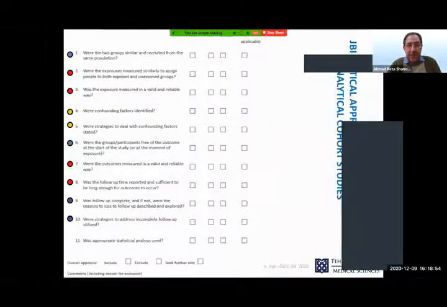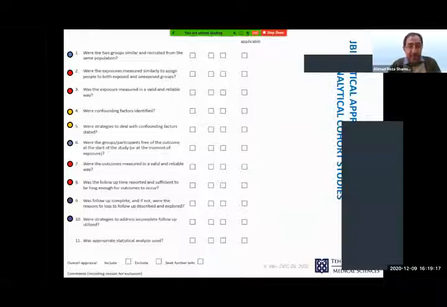Almost the last slide is about the critical appraisal items for cohort studies. The first item and the sixth are related to selection bias: were the two groups similar and recruited from the same population?